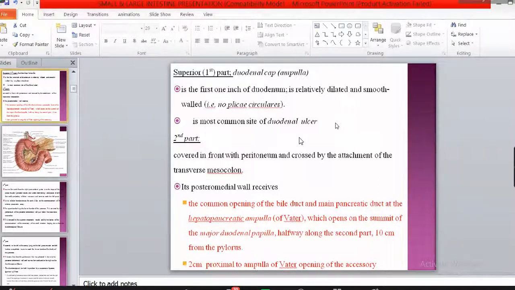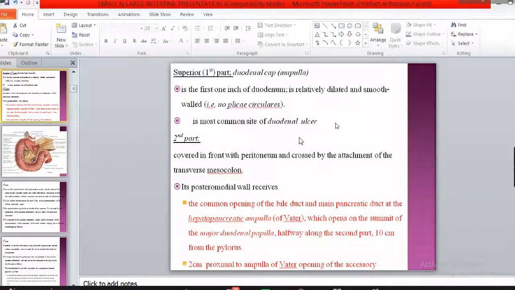The second portion, which is the descending part, has two main openings, which is the common opening of the bile duct and the main pancreatic duct at the hepatopancreatic papilla, or ampulla.